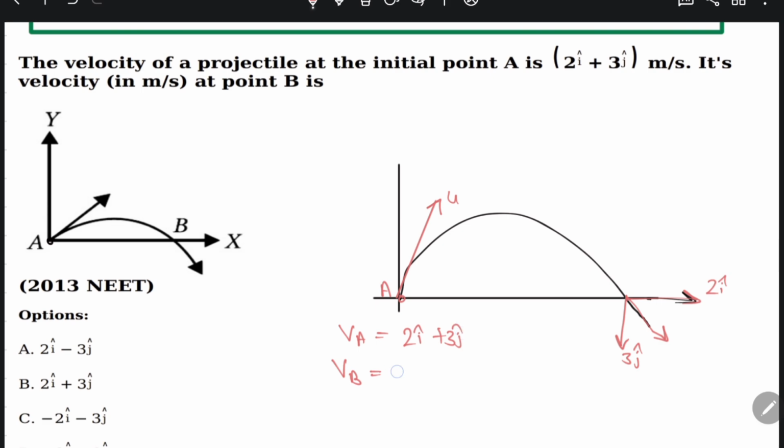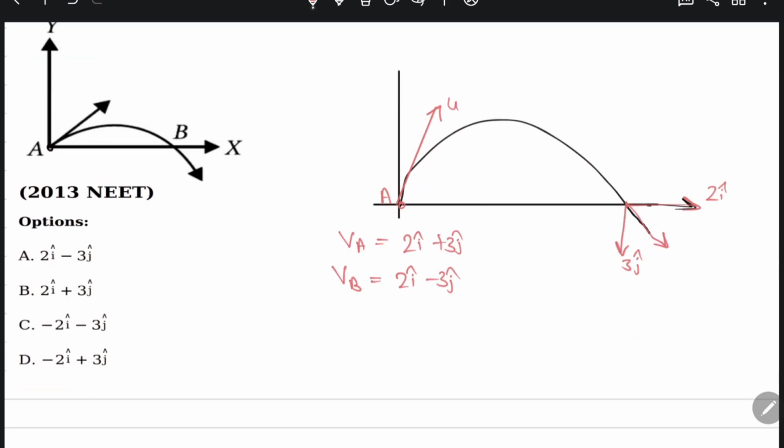At point P, it is 2 i cap minus 3 j cap. So which option is correct? Option first is our correct option. Only the j component changes, all else is the same.